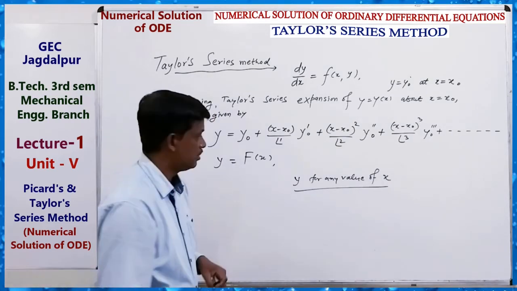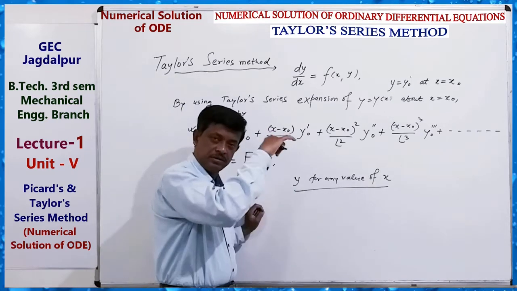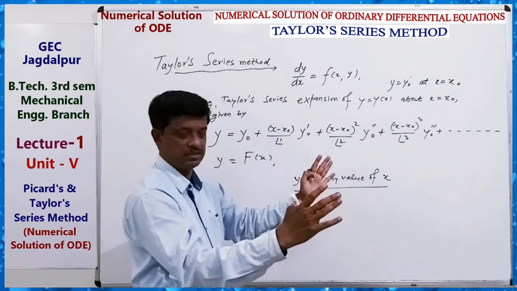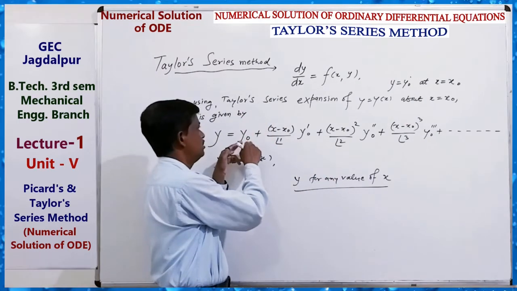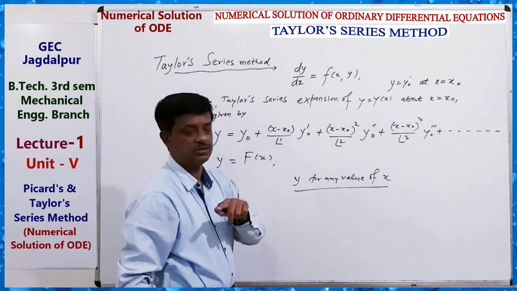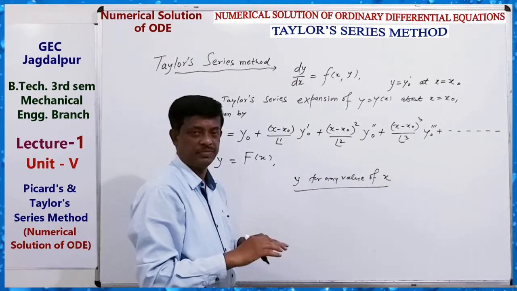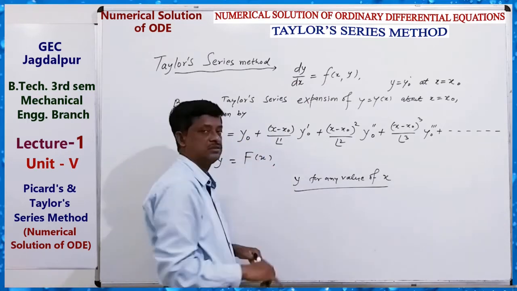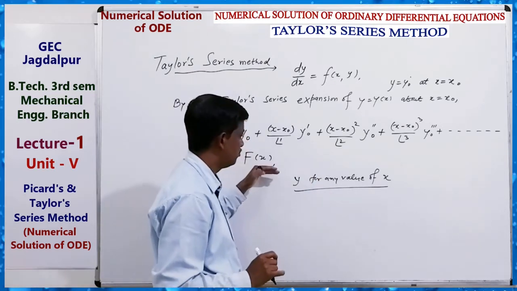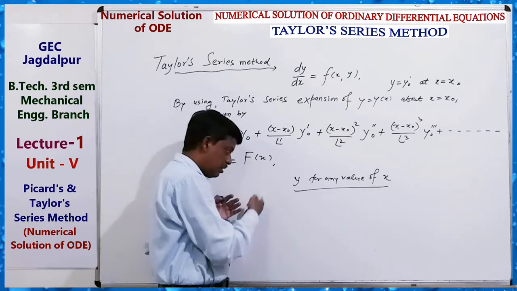The second time, in place of y use the first approximated value, and you can get another formula.